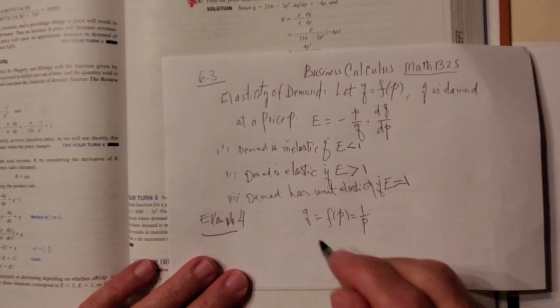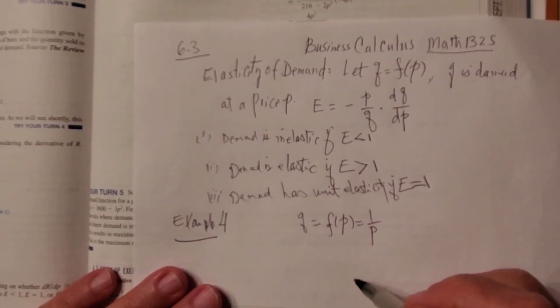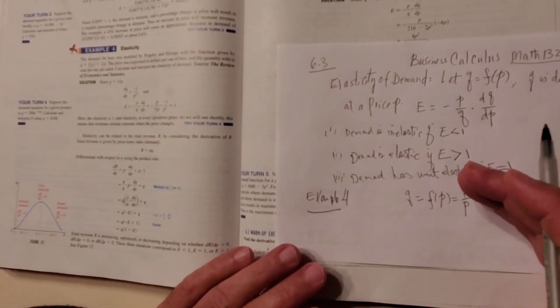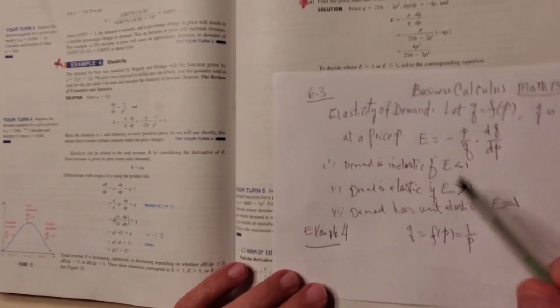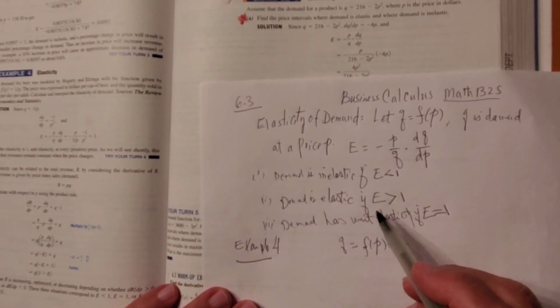So Q is equal to 1 over p. Questions can be discussed using the three conditions that I just put here as a definition.